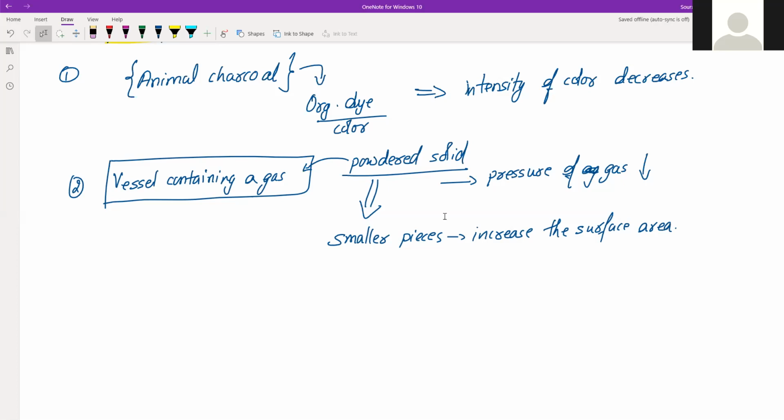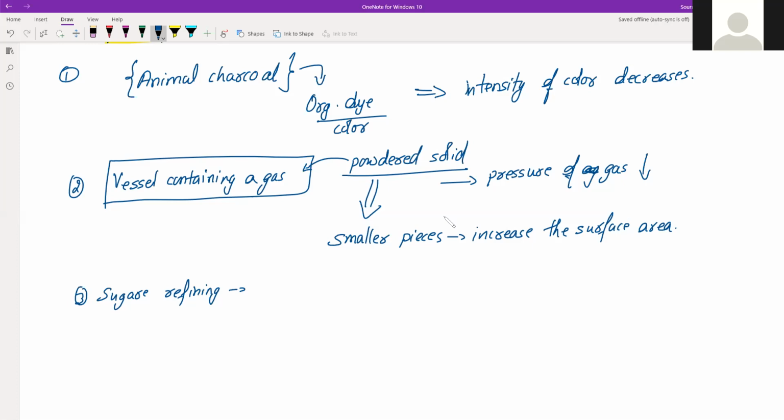Now, the third example is how sugar is refined. How does that happen? The raw sugar, I think nowadays you must have seen it in the market also, is actually a little brownish in color.